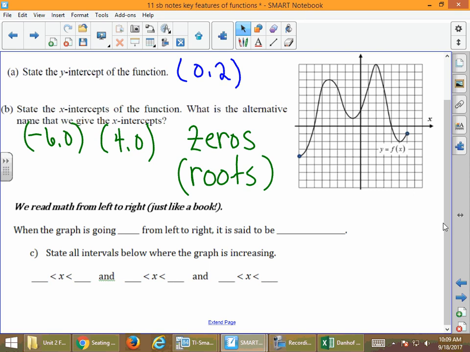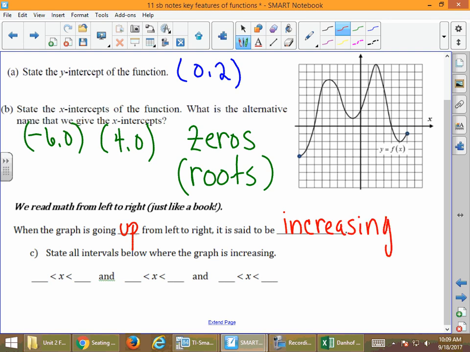When our graph is going in the upward direction from left to right, the graph is said to be increasing.